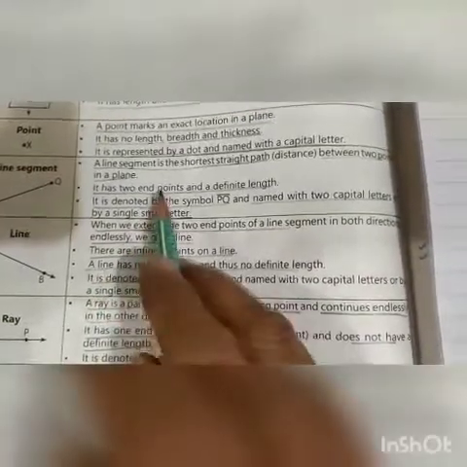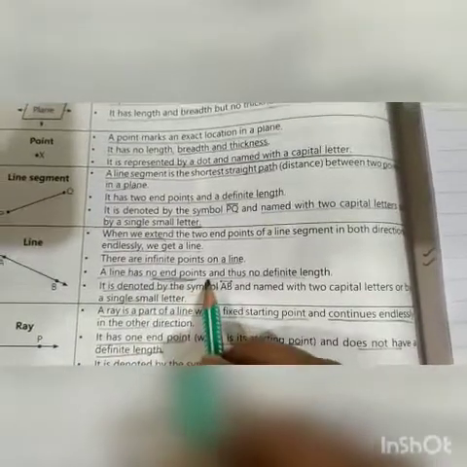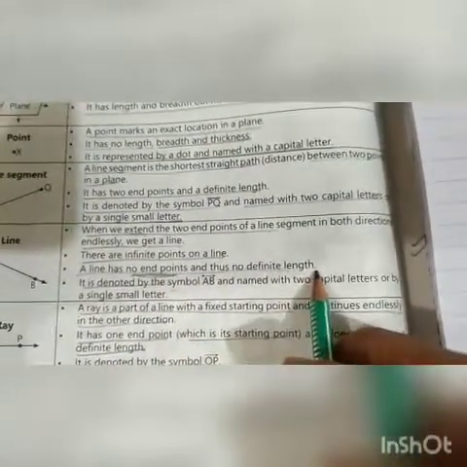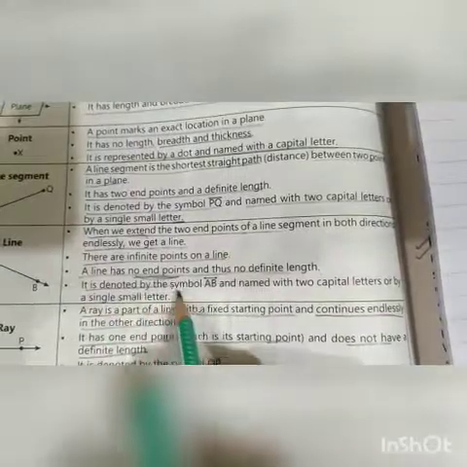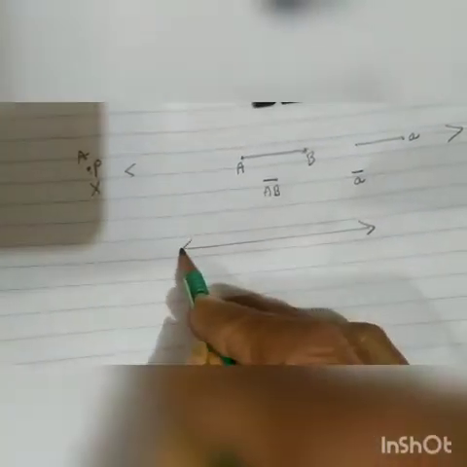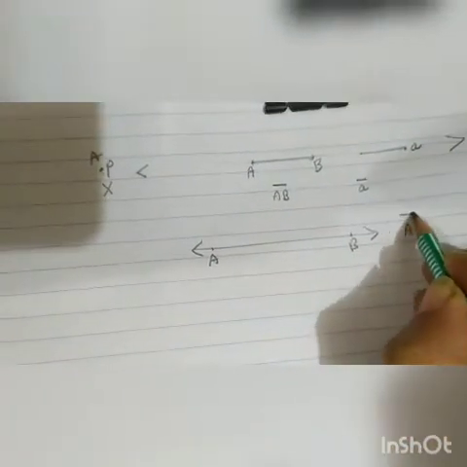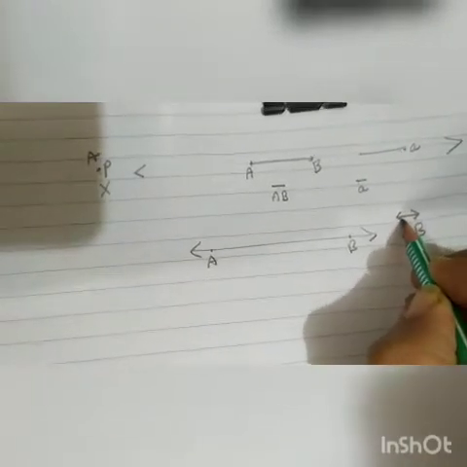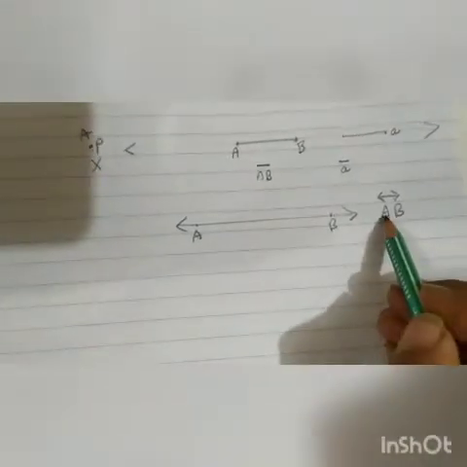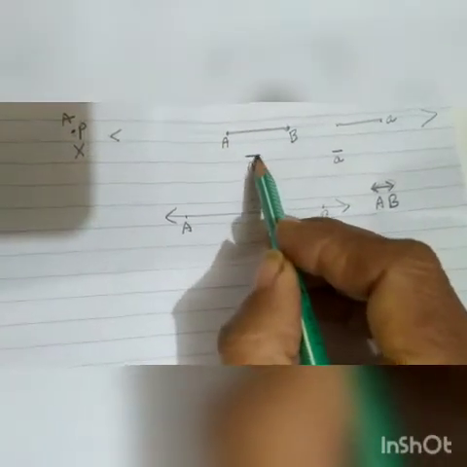See here, what is the difference between a line segment and a line? A line segment has two endpoints, but a line has no endpoint, thus no definite length. It is denoted by this symbol. Suppose I have drawn this line and I write A, B, and then I put this symbol. This symbol shows a line, and this symbol shows a line segment.